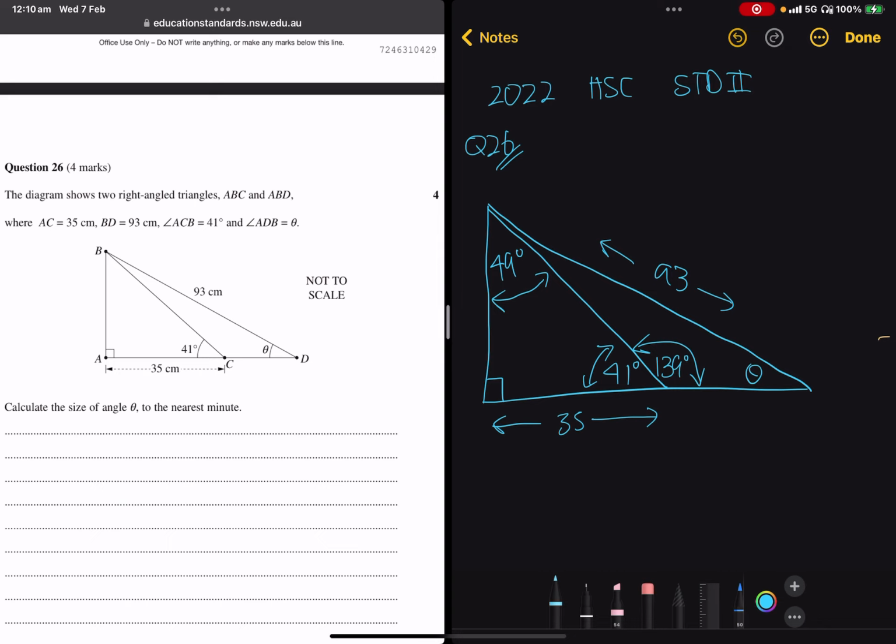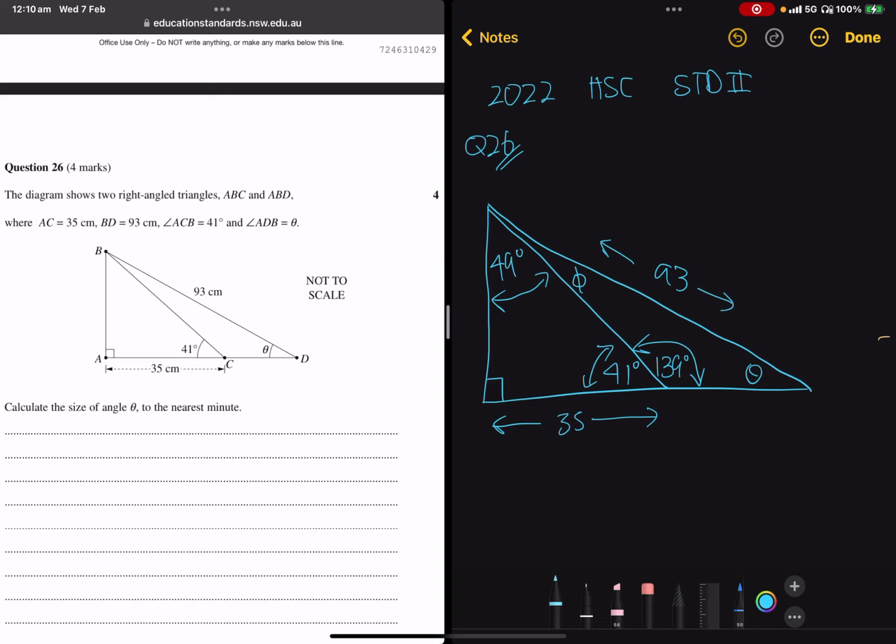So now, how could we try and find theta? Well, if we look at the diagram, we don't know this angle, which we could call phi. If we knew phi, we could find theta.